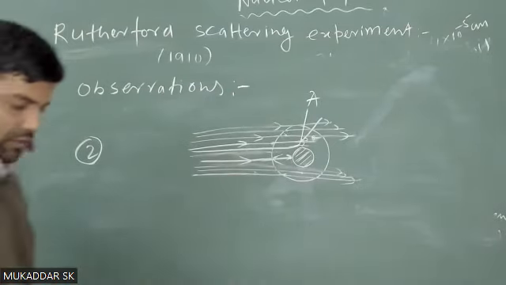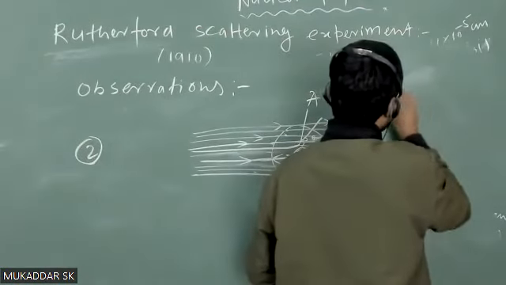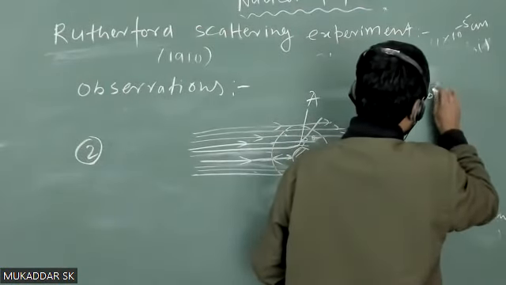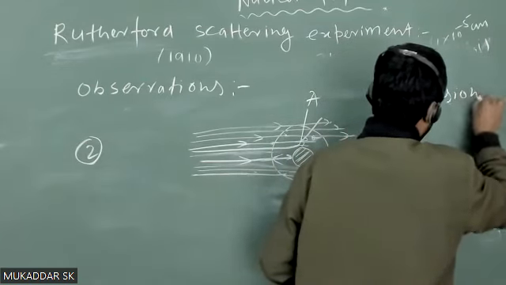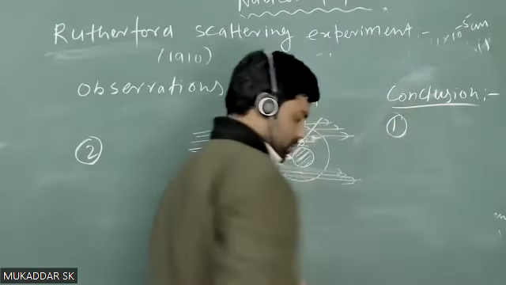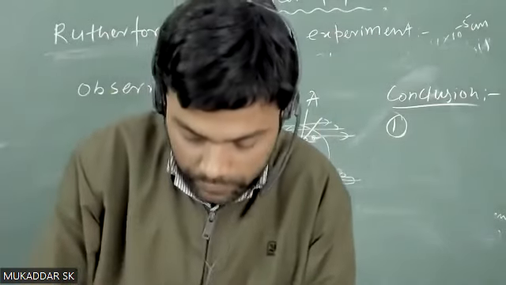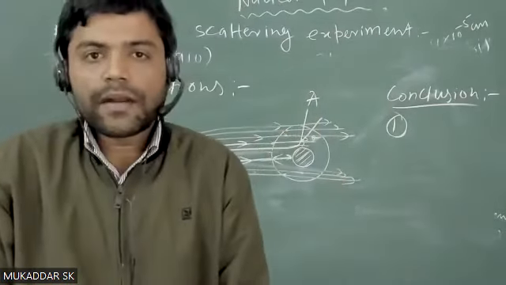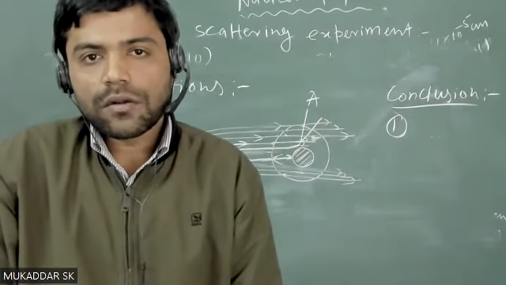So what is the conclusion? You can mention the conclusion now. From the first observation, what can I say? Most of the alpha particles are undeviated. What is the conclusion of that?